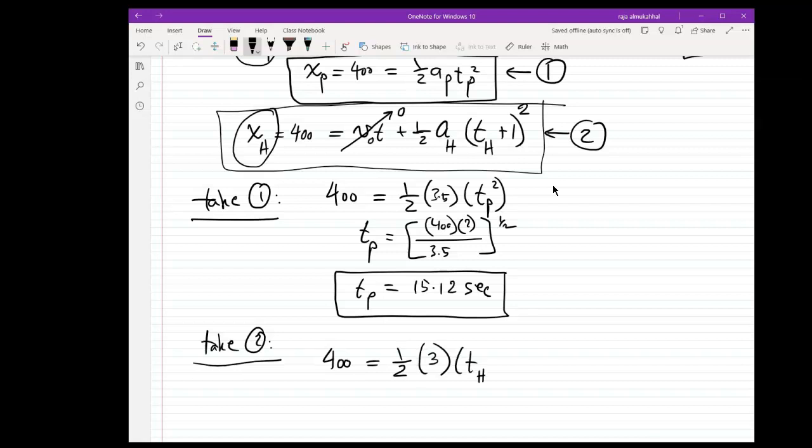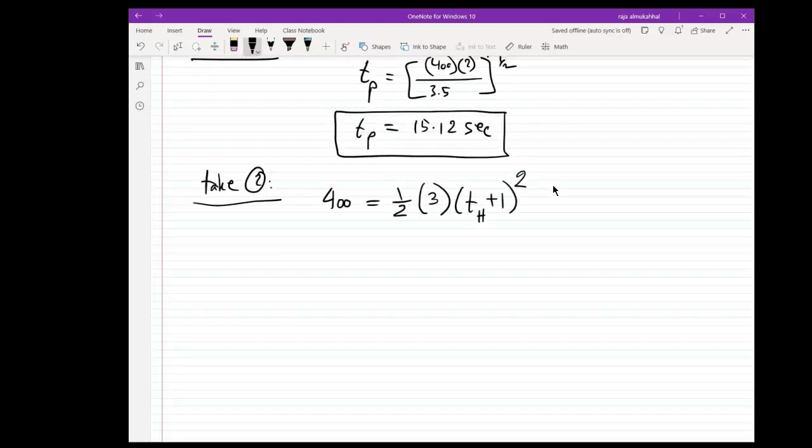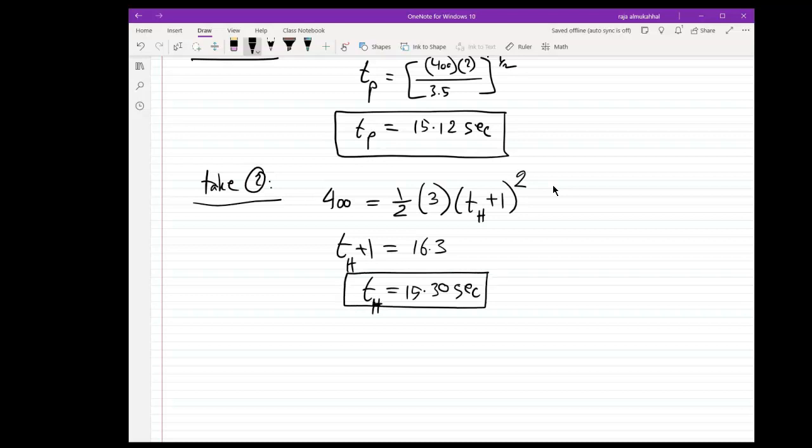Times t sub h plus 1 squared, just like that, okay? And then I would solve for it. By doing the algebra, you're going to get something like this, or t sub h is equal to 15.30 seconds. In other words, the Honda will take 15.3 seconds, but the Porsche will take 15.12 seconds.